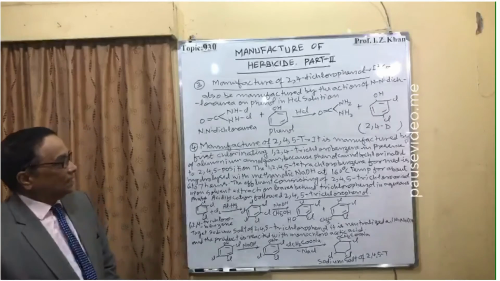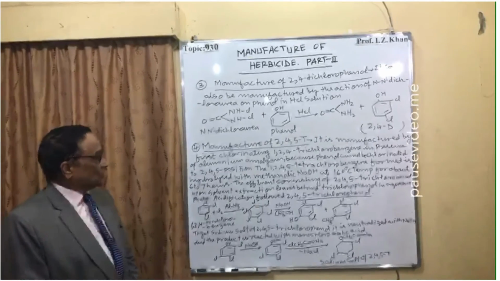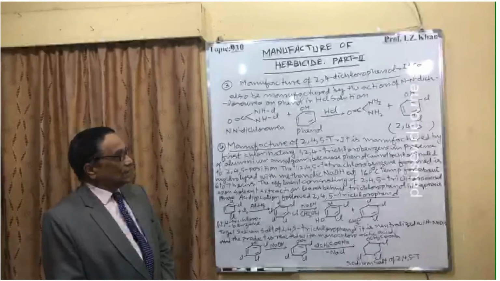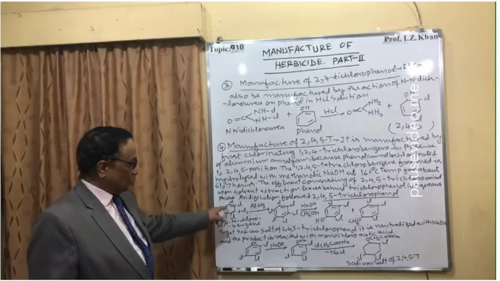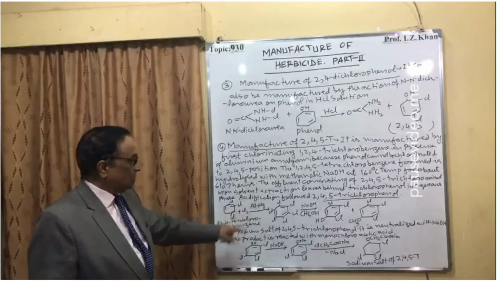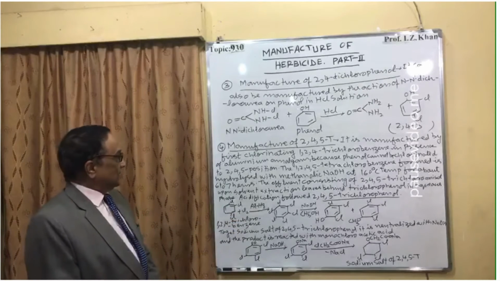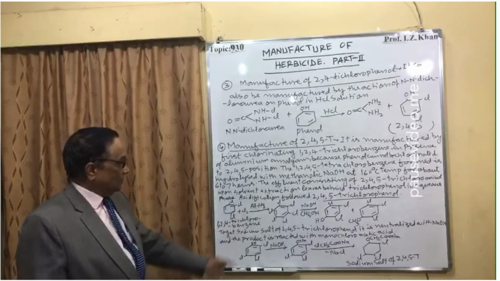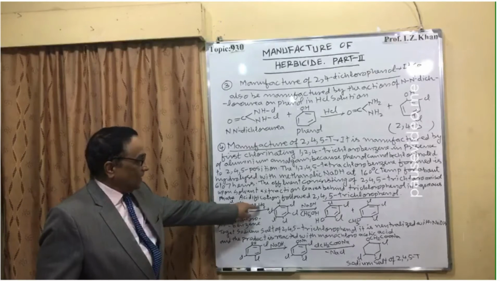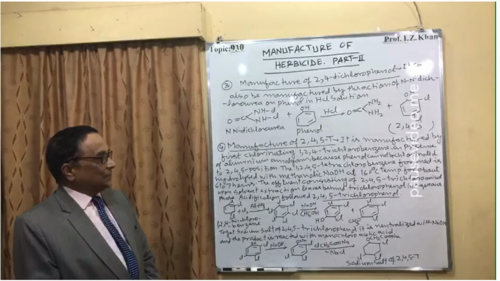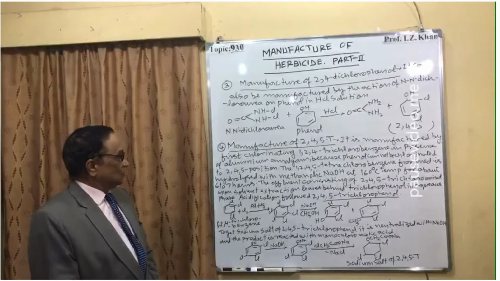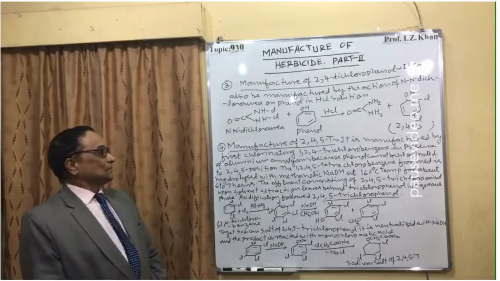And number 4, manufacture of 2,4,5-T, means 2,4,5-trichlorophenol, and it is manufactured by first chlorinating 1,2,4-trichlorobenzene, and that is your trichlorobenzene, in the presence of aluminum amalgam. This is your aluminum amalgam, AlHg. Because phenol cannot be chlorinated to the 2,4,5 position.